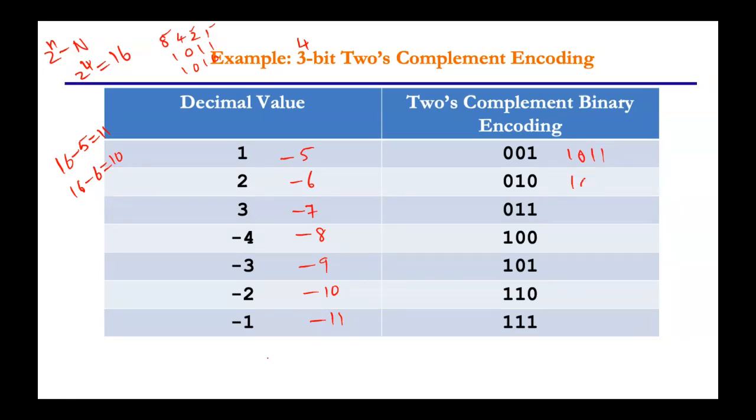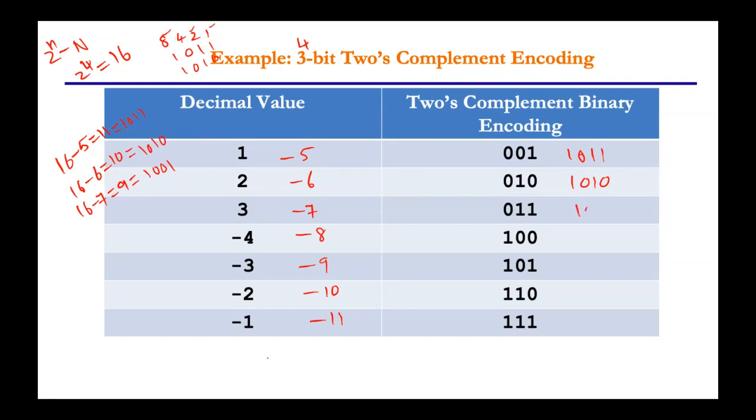So here you will find 1010. Similarly, for minus 7, the 2's complement binary is 16 minus 7, which is equal to 9, which is 1001.